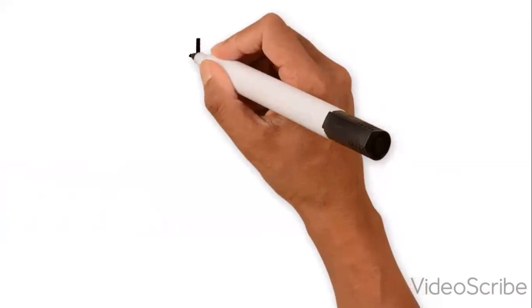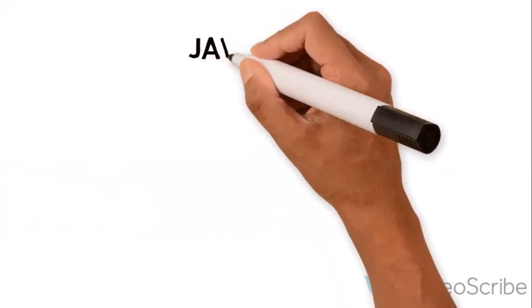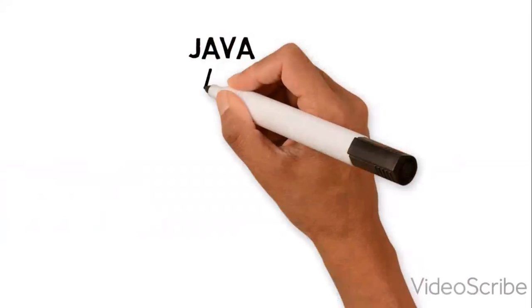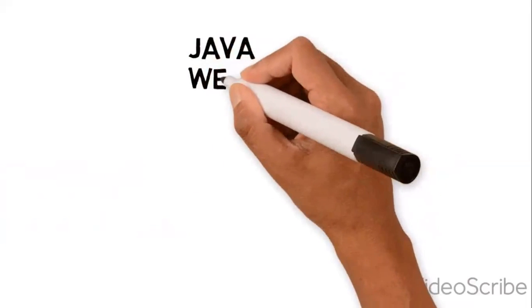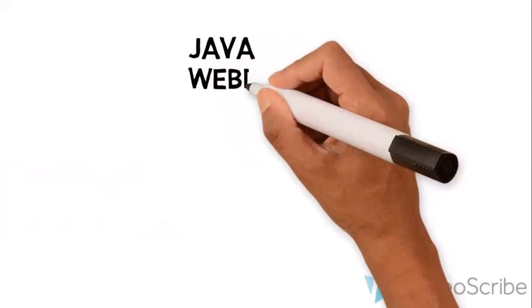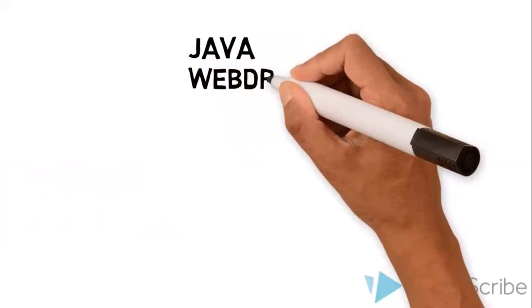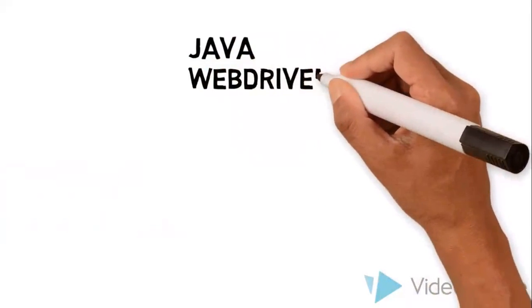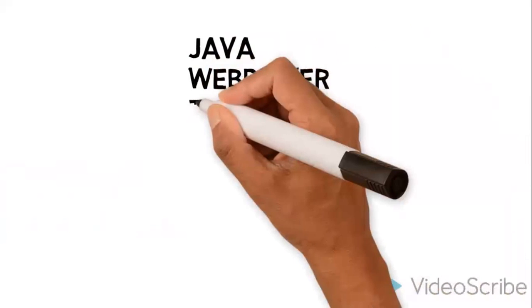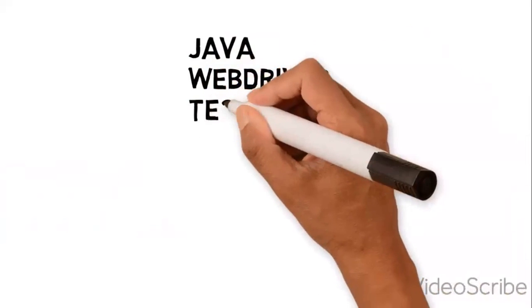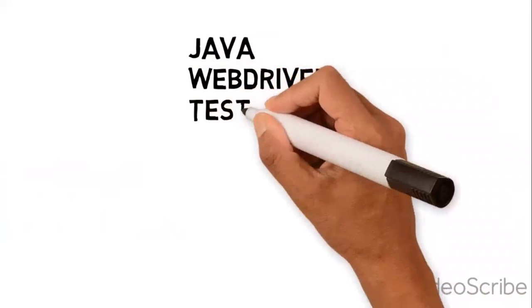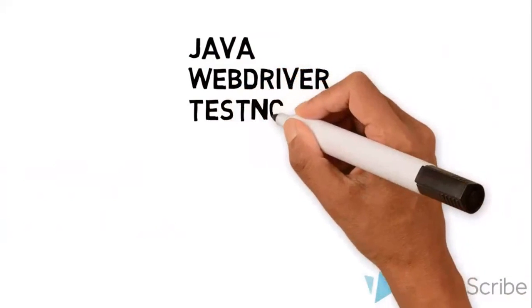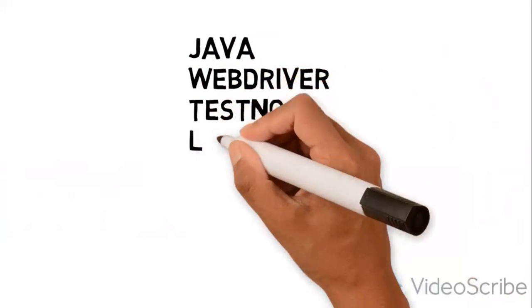Let us see what are the topics that we will be covering as part of Selenium WebDriver. We will have to learn Java, which is the most fundamental thing for us to be able to use Selenium WebDriver very effectively and build efficient automation code to test the software.